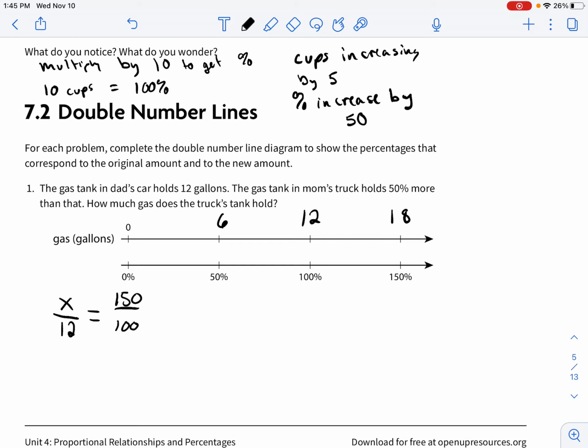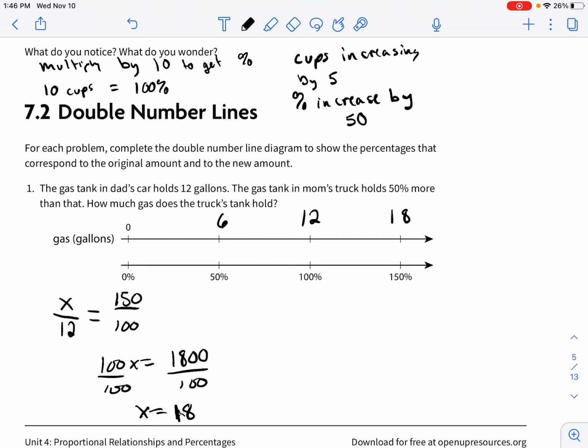When you do this, you get 100x equals 1,800. You can divide by 100, and you get x equals 18.